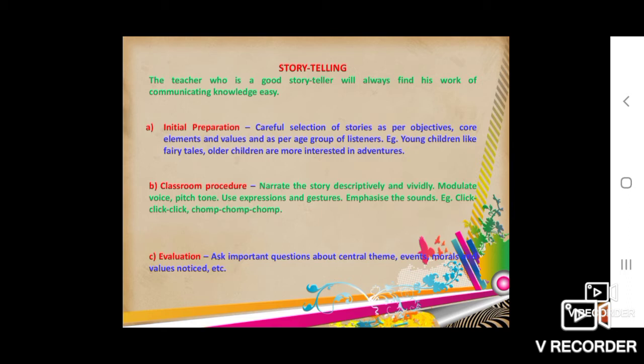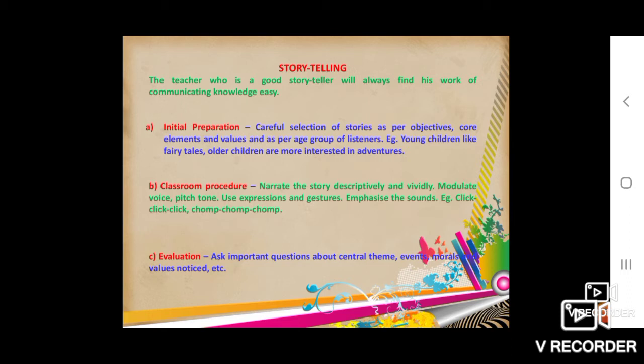In initial preparation, what do we need? As a teacher or as a student teacher, you should be careful about the selection of stories as per the objectives, as per the core elements and values, and as per the age group of the listeners. For example, young children like fairy tales.